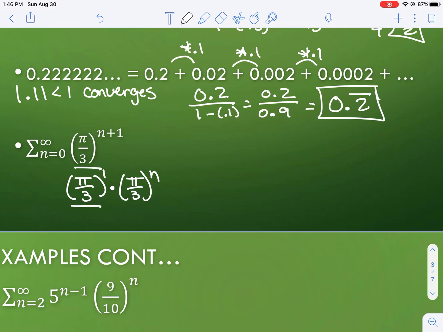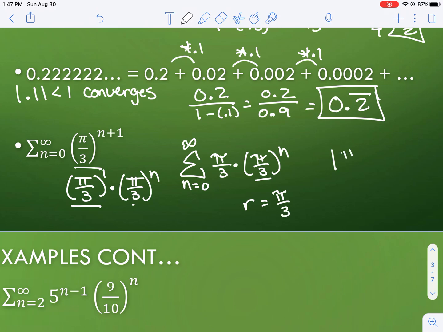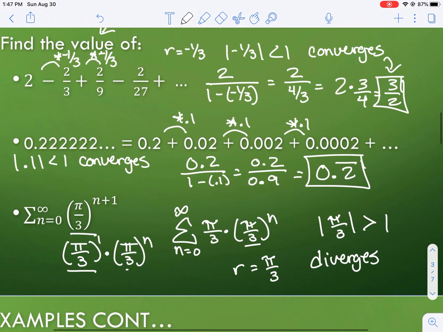So it tells me we start at pi over 3 in our series, and then we multiply by pi over 3 to get to each spot. So our common ratio is pi over 3. The absolute value of pi over 3 is greater than 1, so it diverges. It does not have a finite sum it would reach.